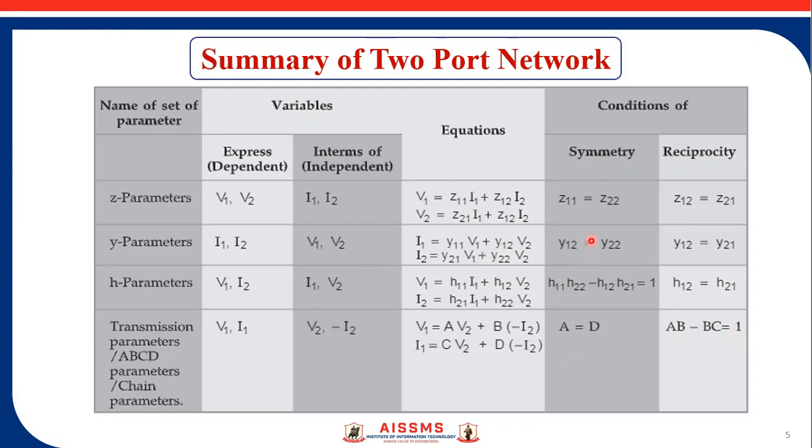In case of Y parameter, symmetry is Y11 equal to Y22, and reciprocity Y12 equal to Y21. Similarly, in H parameter, symmetry is H11 H22 minus H12 H21 equal to 1, and reciprocity H12 equal to minus H21. Thank you.